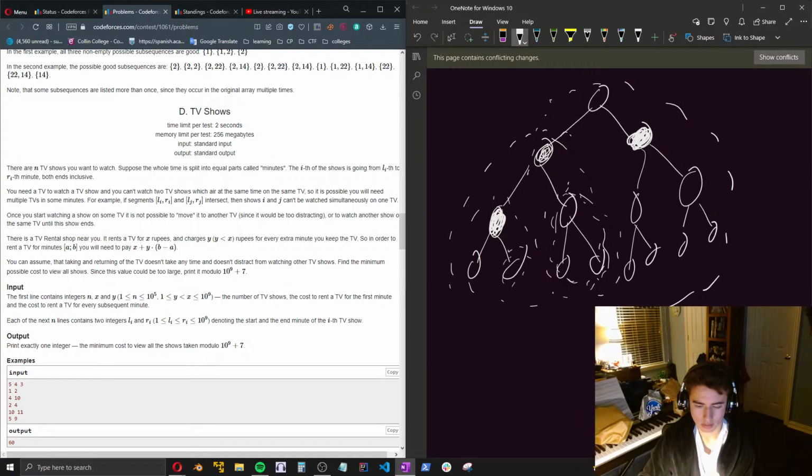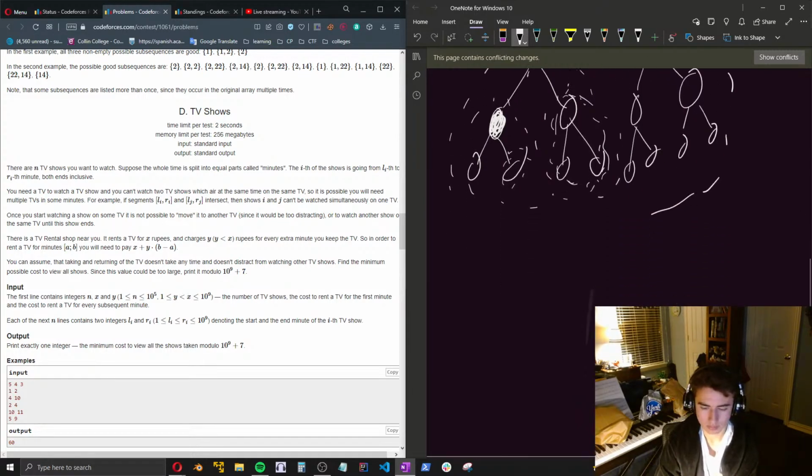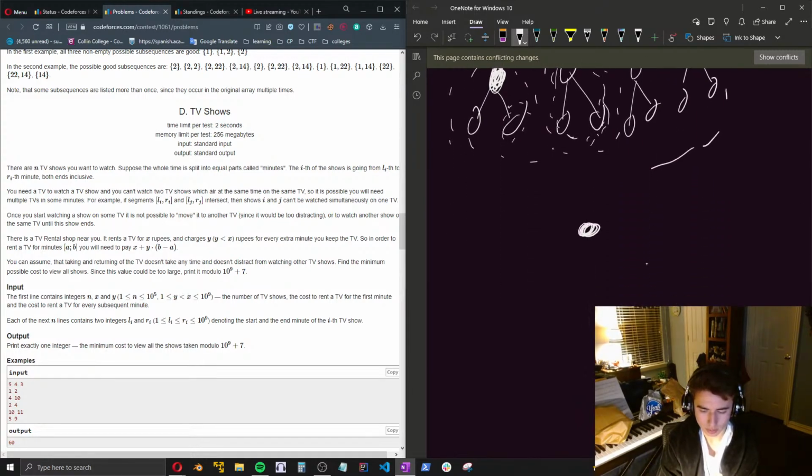So we'll have one of the capitals be the root, but then we go down, and each of these has a subtree.